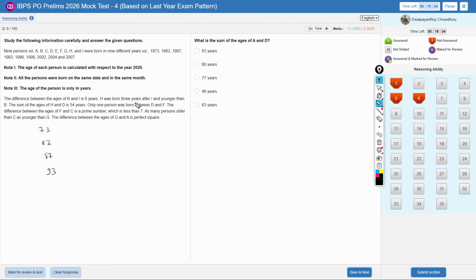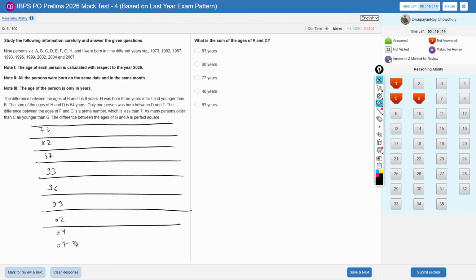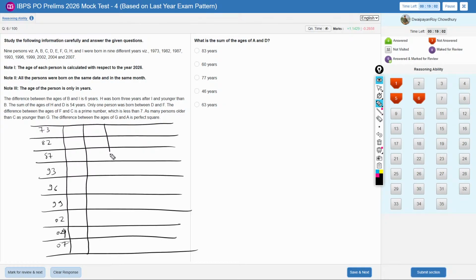B and I 6, H 3 years, H D. Okay, I have a clue. The ages are calculated as of, I have to check which year, I guess 2025. Or as of 2006. Okay, 2026.